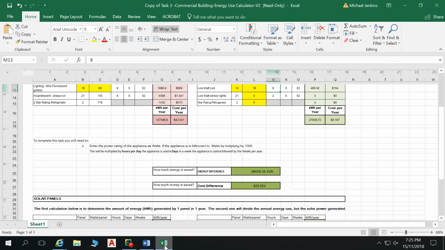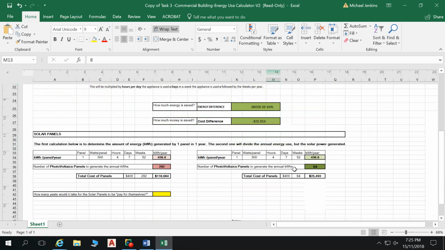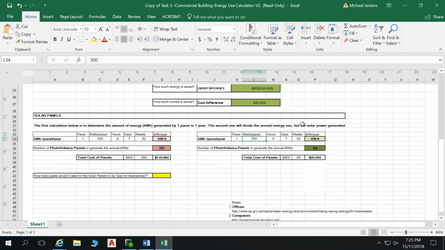Within our spreadsheet, we're given our energy use and how much energy is saved. That's interesting, this has got inputs at 300 watts per day. I'll leave that as it is.